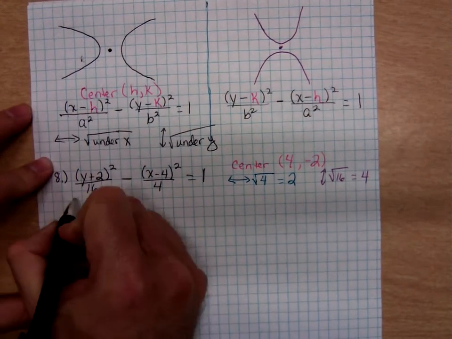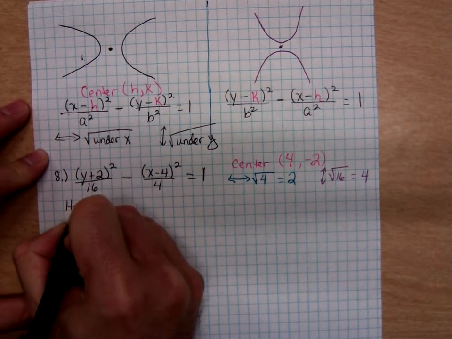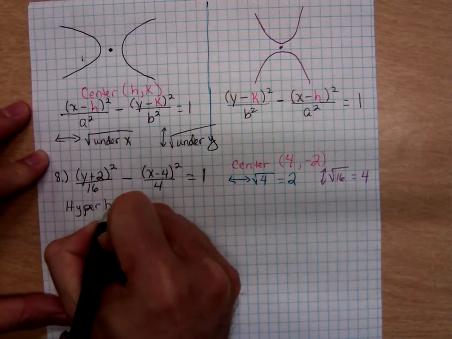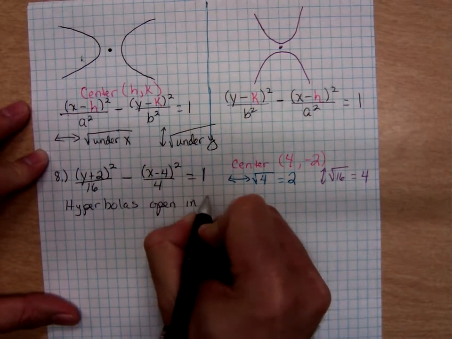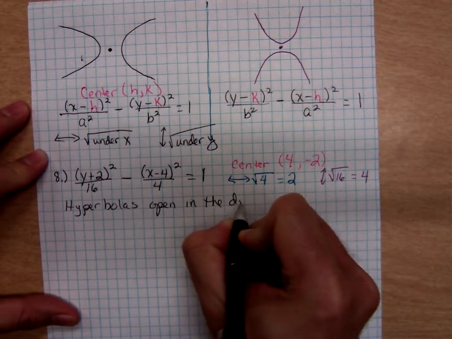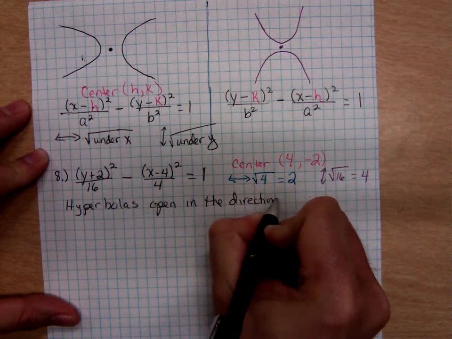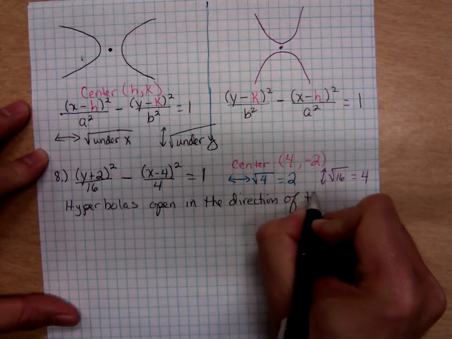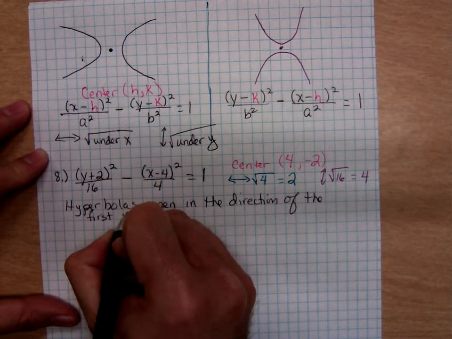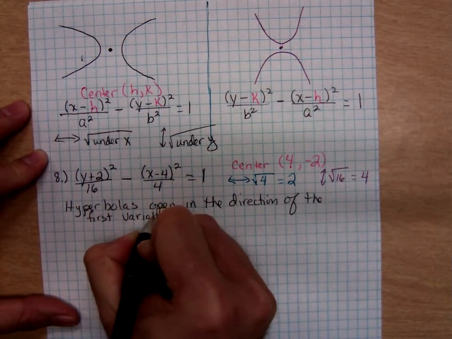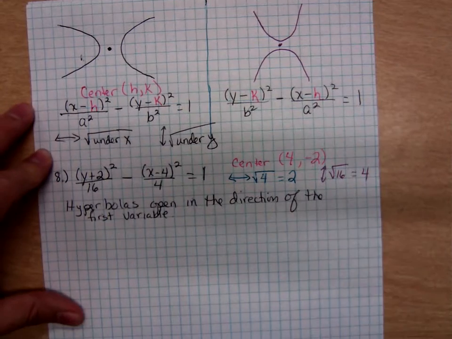Let's write the sentence. Hyperbolas open in the direction of the first variable. If the first variable is x, you think of the x-axis as being left and right, so it's opening horizontally.